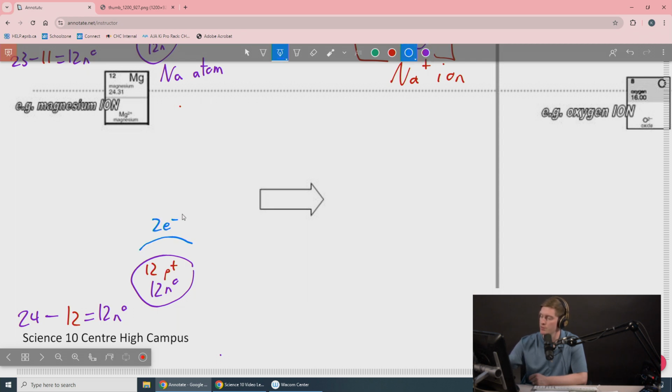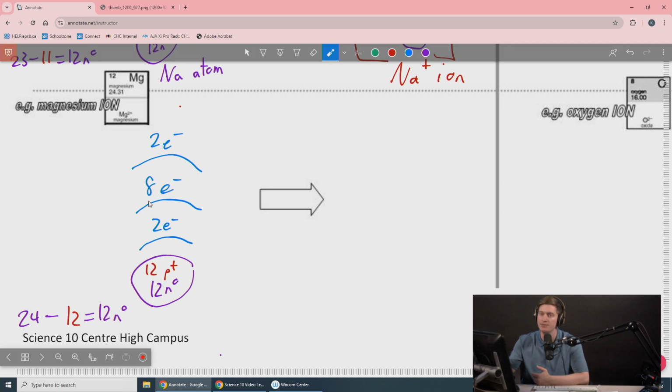We can put 2 of them in the first level. We can put 8 in the second. We still have 2 left over to put in the third energy level. Now, magnesium is not going to just lose 1 electron. Magnesium wants to have a full outer level.